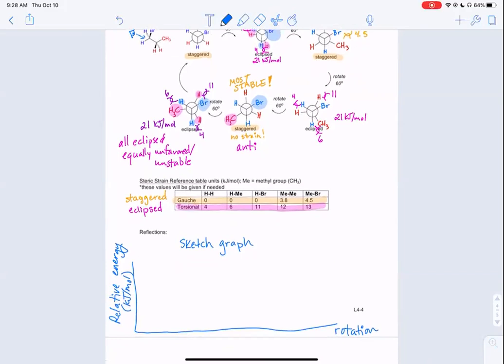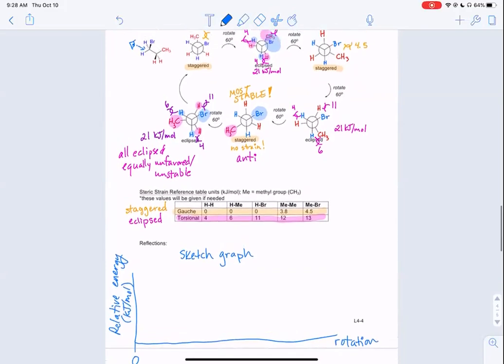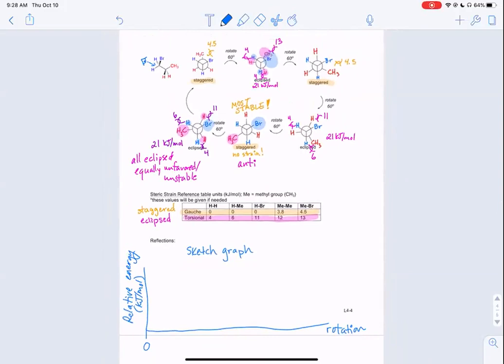So we start at 0. This is before anything happened. This is going to be our 0 degree of rotation. This is where we started, that we had at 4.5 kilojoules per mole. Right, so I'm just going to make this little note, that little point right there is 4.5 kilojoules per mole.